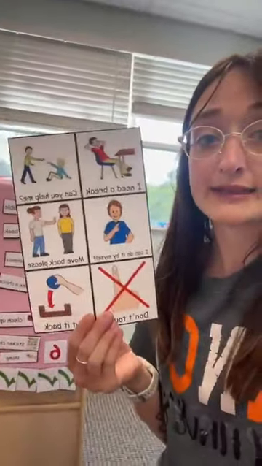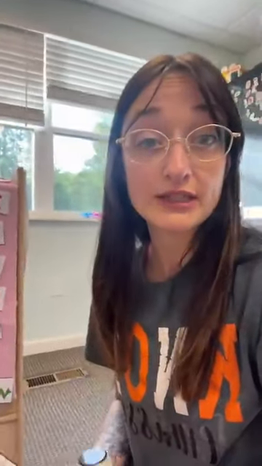I use AAC to help with self-advocacy, so teaching self-advocacy phrases. Sometimes we can see behaviors like pushing or screaming, or getting really anxious around other children because we don't want to share our toys or because we want to keep our own space.